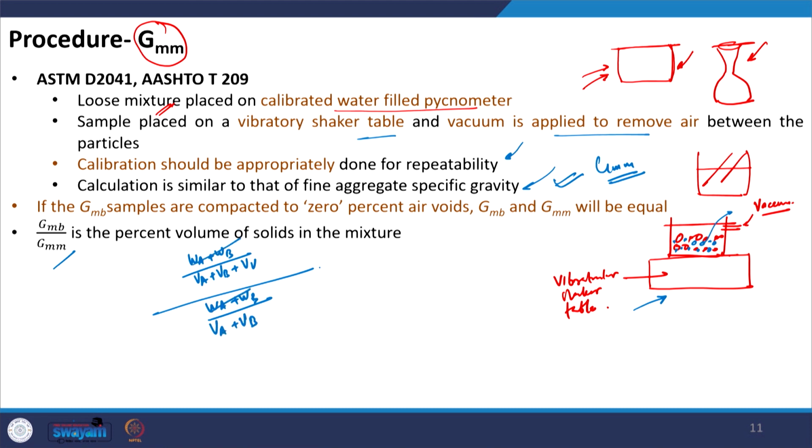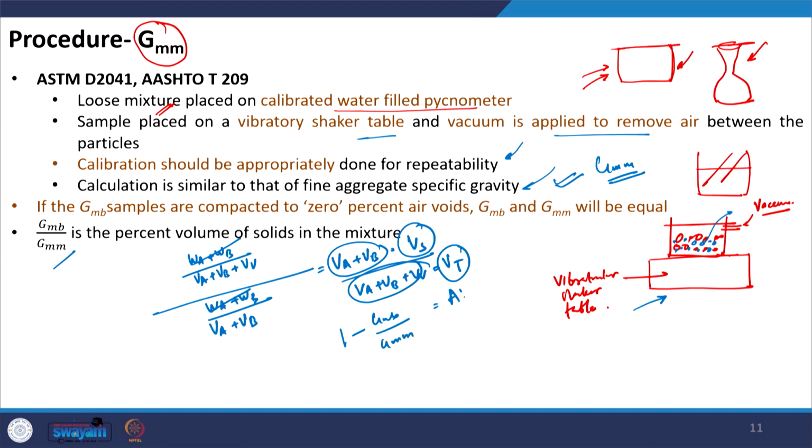So, this gets cancelled. So, we have the volume of aggregate plus volume of bitumen, which is basically the total volume of solids, divided by VA plus VB plus VV, which is nothing but the total volume of the mixture. So, you see this ratio tells me that this is equal to the total percent volume of solids in the mixture, which means if I just subtract 1 from GMB by GMM, alright.